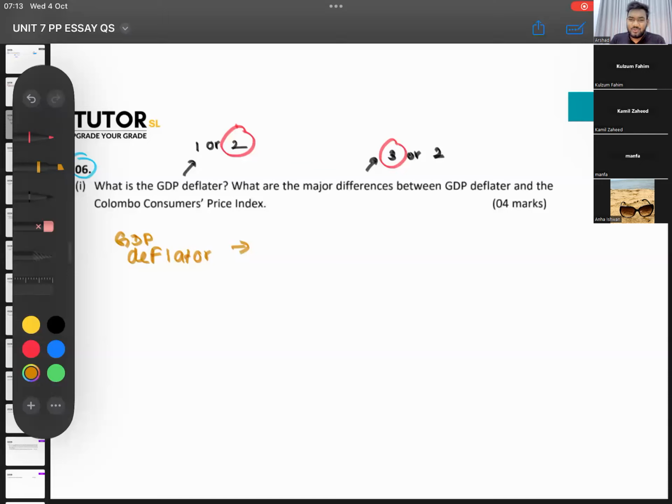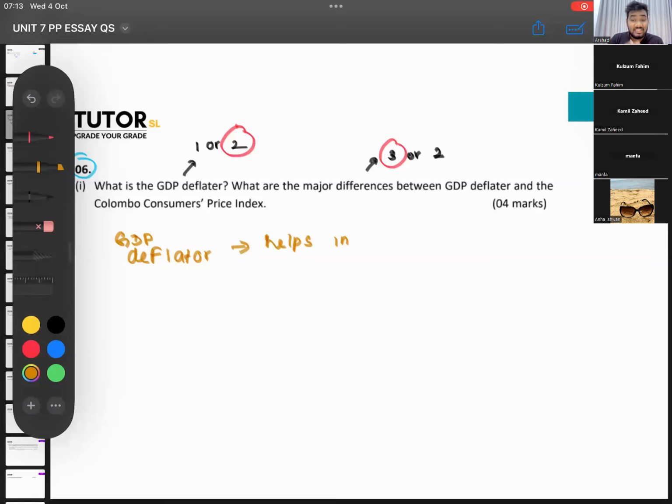So what does the GDP deflator do? It helps to deflate the nominal GDP, correct? Now I am writing short forms, but when you're writing answers, write nice full answers.